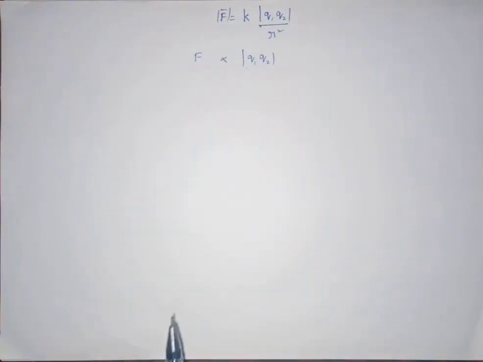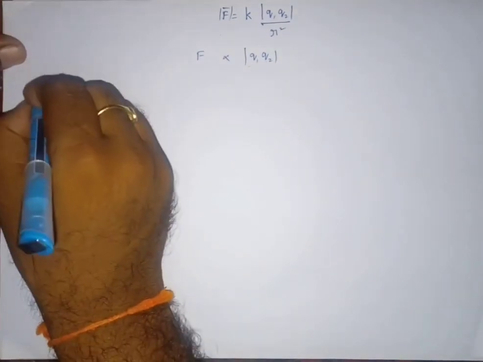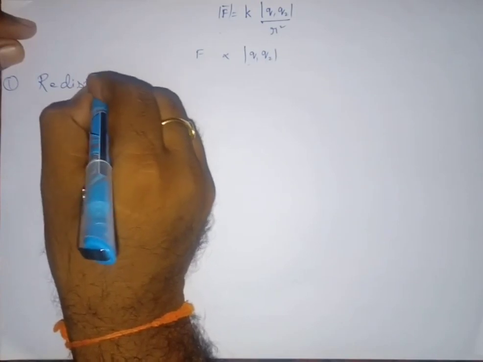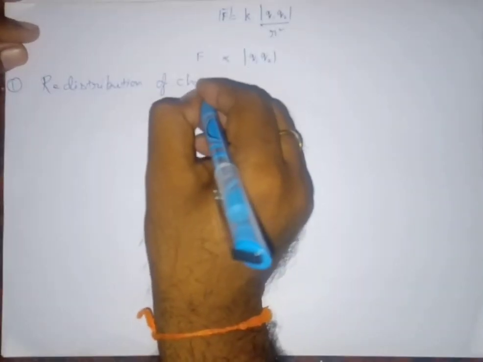So let us see some application on it. What happens if I have two charges and we combine them? The charges get redistributed. So this is all about redistribution of charges.